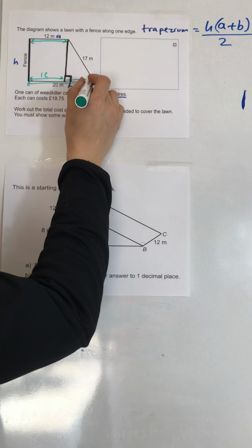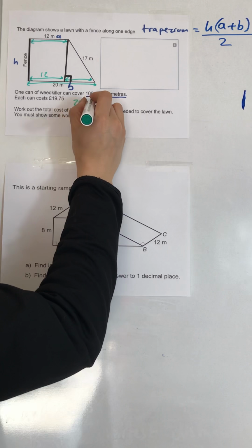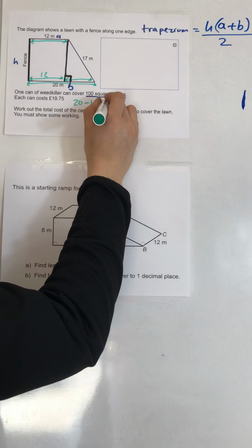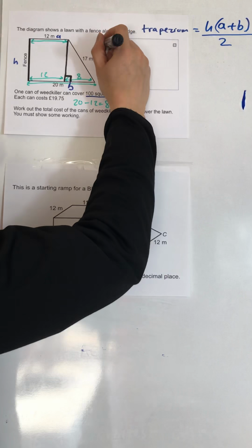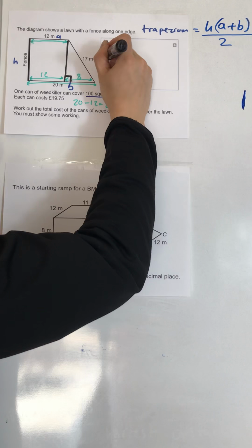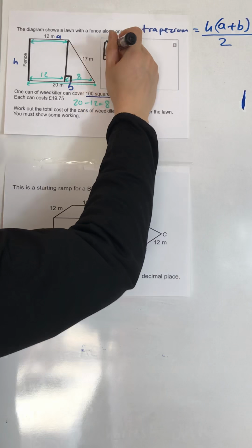So this length here must equal 20 minus 12, which equals 8. So this length here is 8. So we get a lovely little triangle here, which is 8 by 17.